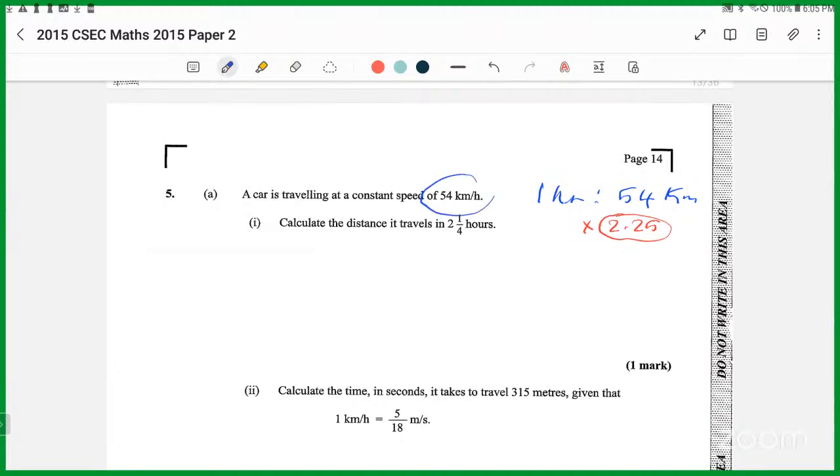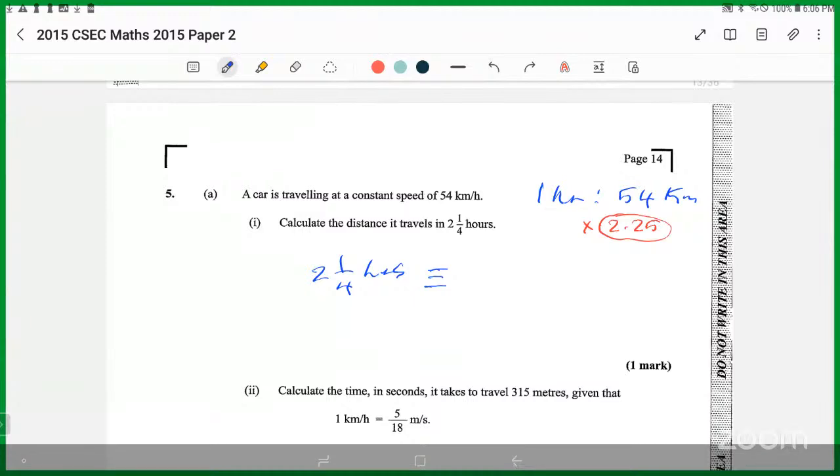This speed of 54 kilometers per hour in simple terms means that every hour it goes 54 kilometers. So in 2.25 hours, we just need to multiply this by the same 2.25.